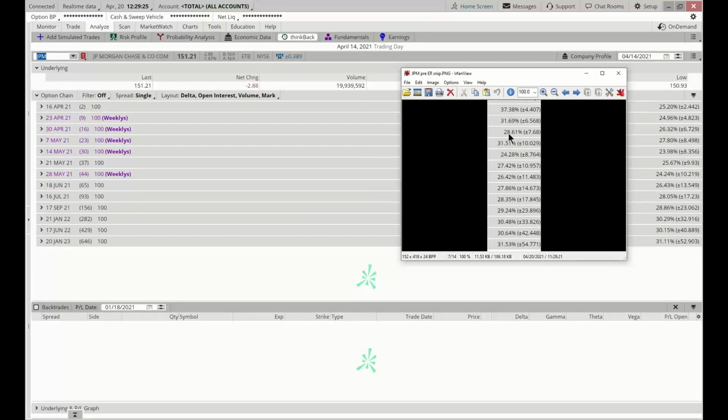From 28 down to 26, from 31.5 down to 27. You can see the point here, what's important to note is you don't have to play the front week weeklies that expire in 3 days. You can play in your earnings strategy options that expire next week, next month, 2 months from now.